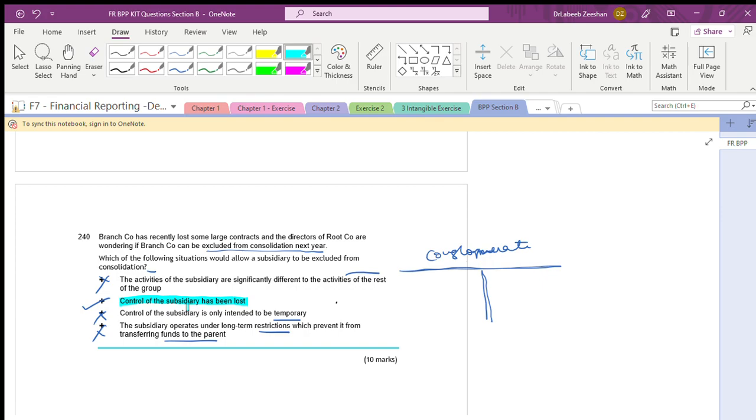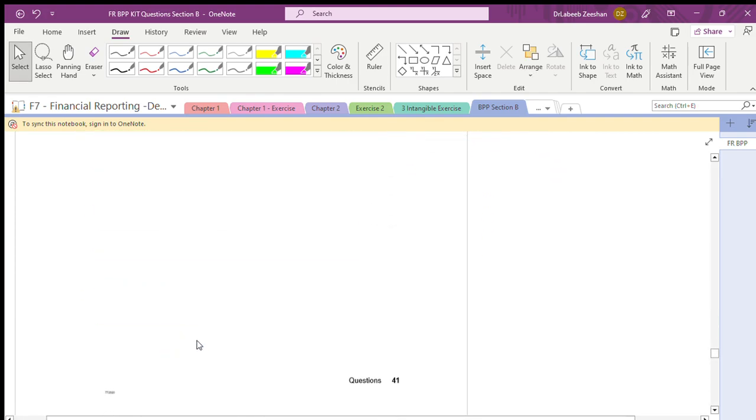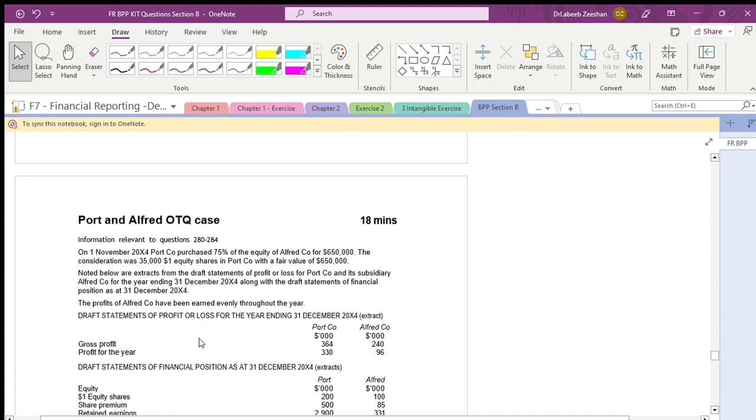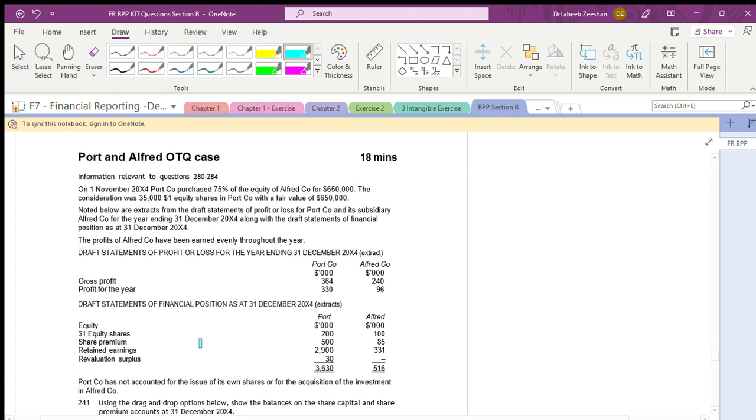Next. Fine. Just go through it. Again a small one, which will help us to understand this, related to parent and the subsidiary. On November 1st, 2004, Port purchased 75% of Alfered for 650,000, and consideration was 35,000 $1 equity shares with a fair value of 650,000.